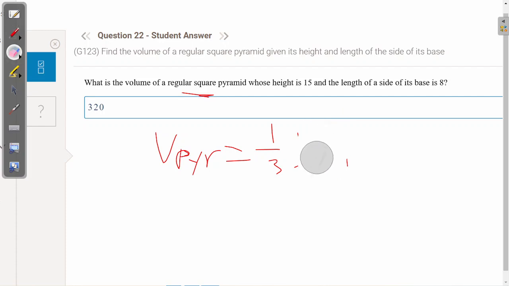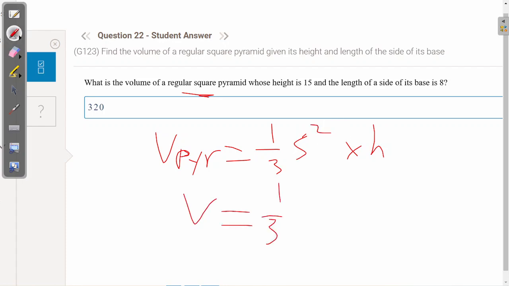So it's 1 over 3 times length times width times the height. Oh, it's a square, right? So not length times width, it's just side squared. So volume equals 1 over 3 times 8 squared times 15, and you get your answer.